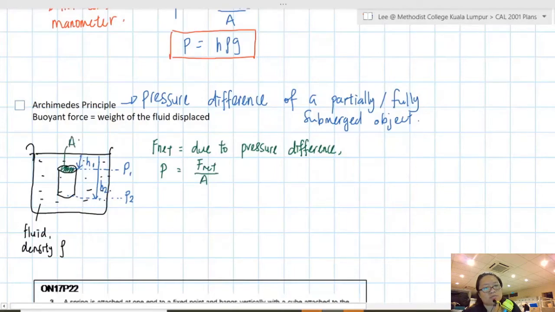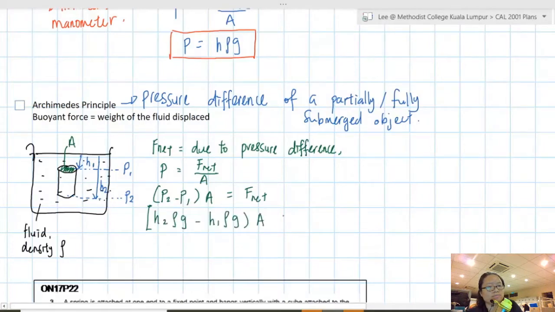And you know pressure is force over area. So I can take P2 minus P1, which is the pressure difference, times area, is equal to your net force. So I'll take h2 rho g minus h1 rho g, times A, is equal to your net force. This is your buoyant force or your upthrust. I'm just going to call it FB. Facebook.